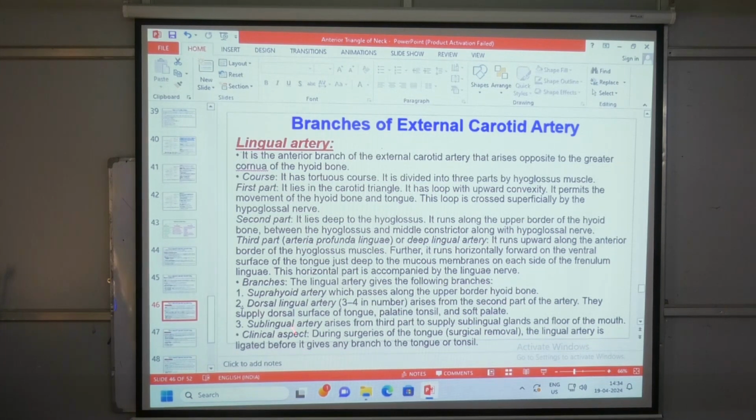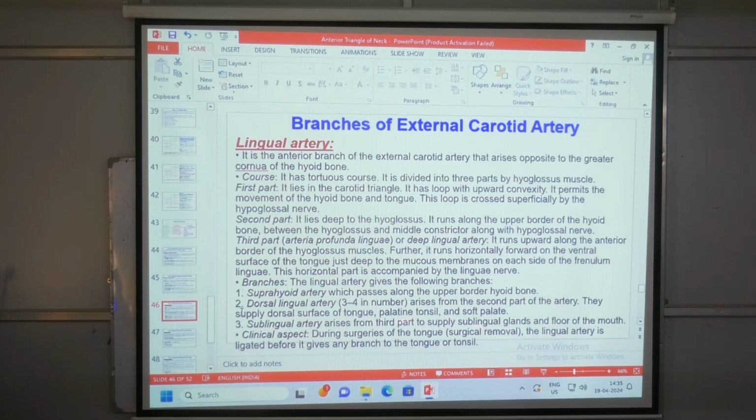Then sublingual artery arises from third part to supply the sublingual glands and the floor of the mouth. Clinical aspect here: during surgeries of the tongue, that is surgical removal of the tongue, the lingual artery is ligated before it gives any branch to the tongue or tonsil. Okay? Because there will be bleeding if you don't ligate it.